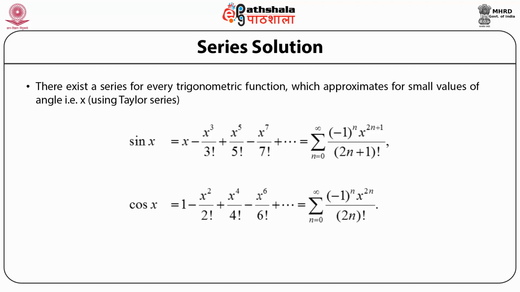So cos x is equal to 1 minus x squared by 2 factorial plus x power 4 by 4 factorial minus x power 6 by 6 factorial going up to infinity. And the simple direct equation would be sigma n from 0 to infinity, minus 1 to the power of n, x power 2n divided by 2n factorial.